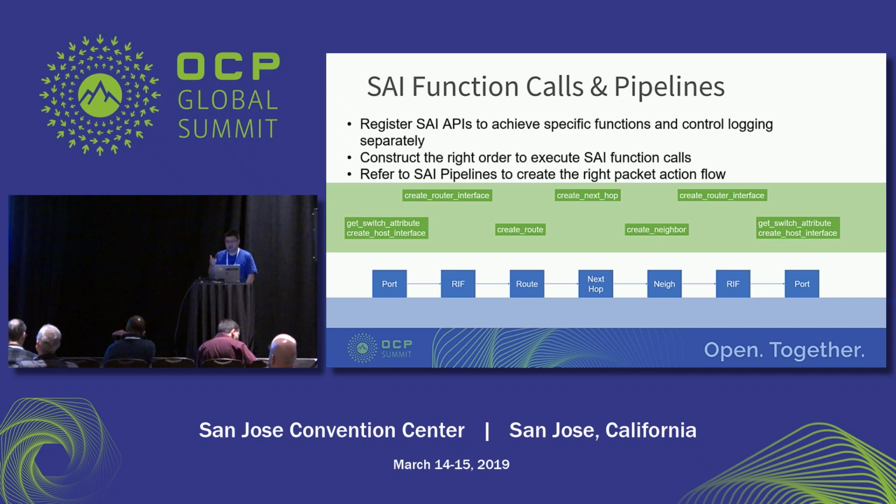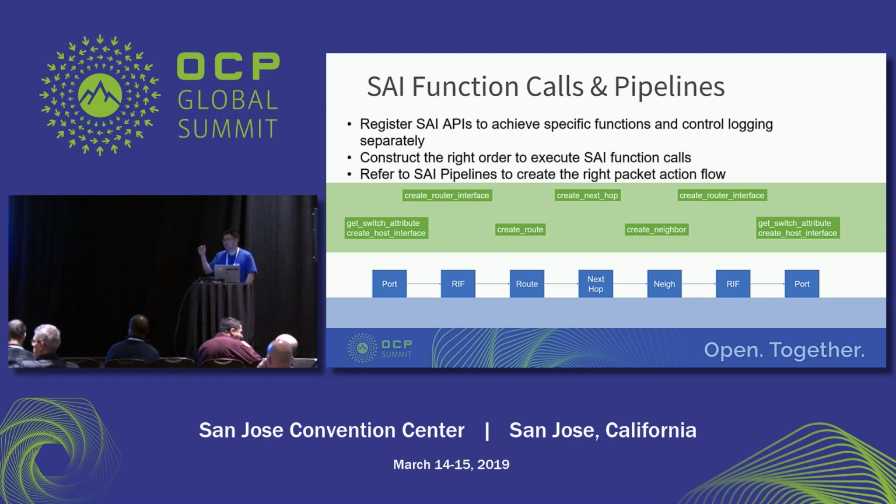When the packet first comes in, it is processed by a port. Then there is a router interface to determine whether the packet is forwarded by layer 3 or layer 2. If it's forwarded by layer 3, it is processed by a route object, and then the route object points to a next hop, and then the next hop points to a neighbor, and then to another router interface, where the packet gets sent out from, and then to a port.